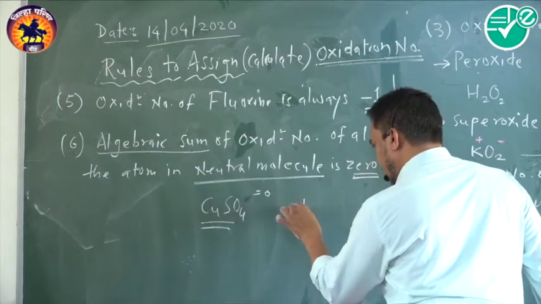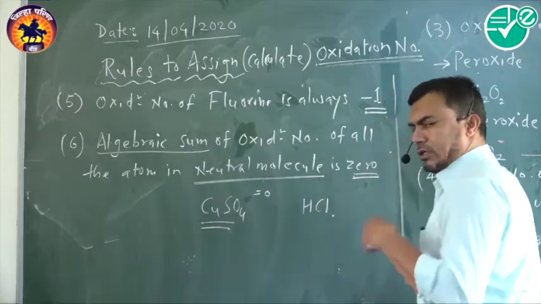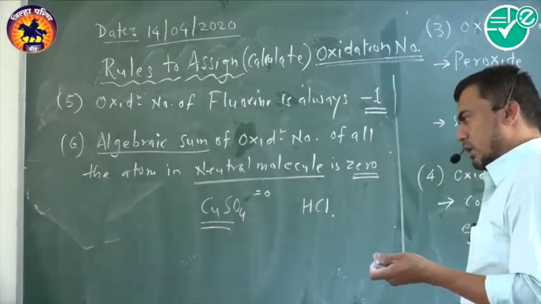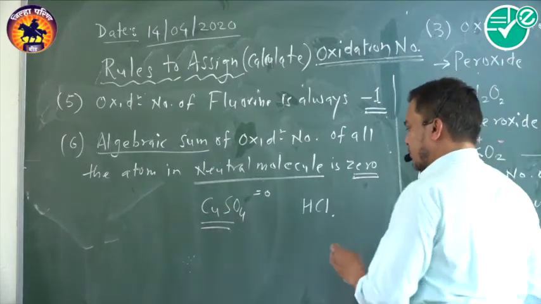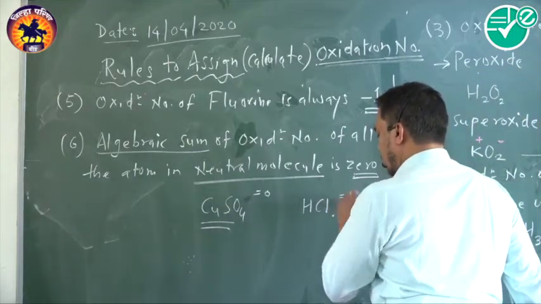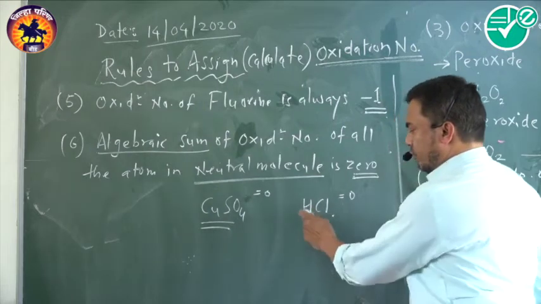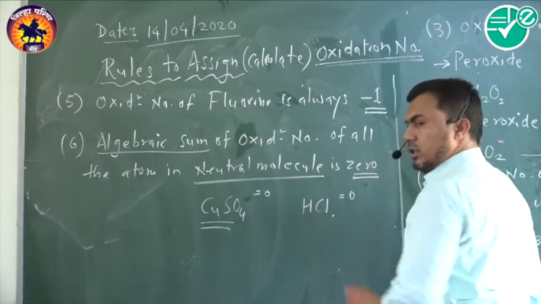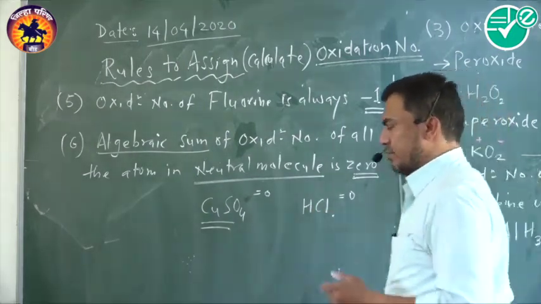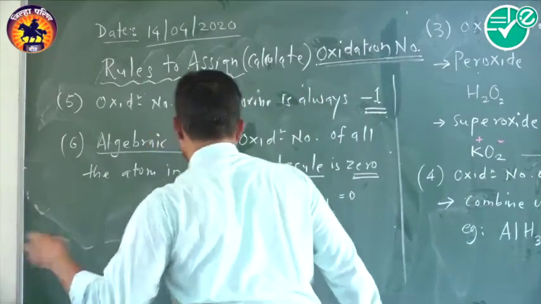Similarly, if you take HCl or other acid or alkaline compounds, if the charge is 0, the addition of the oxidation numbers of each atom remains 0. That is the algebraic sum.